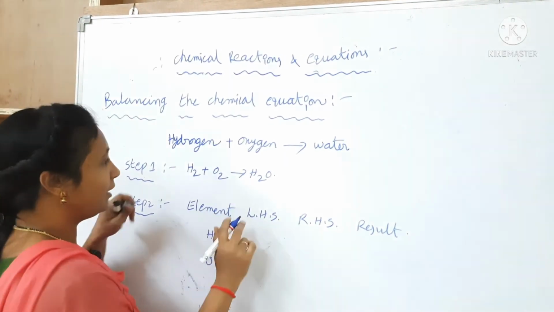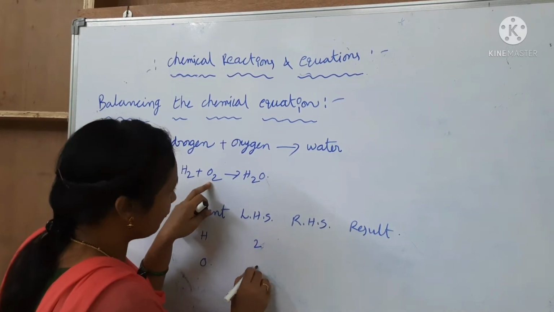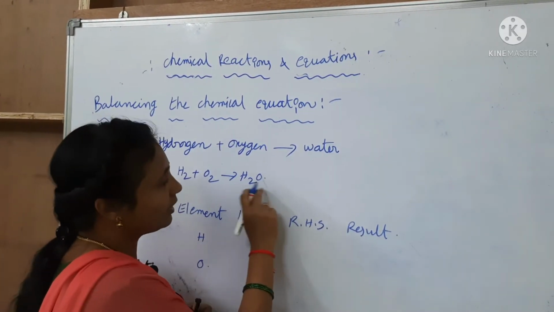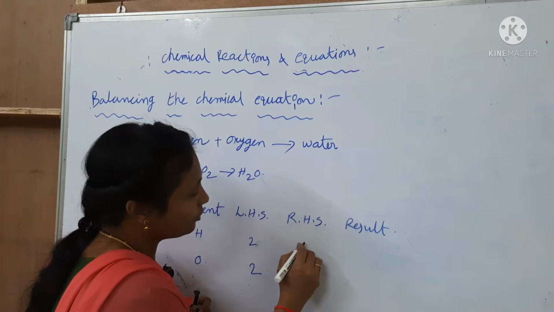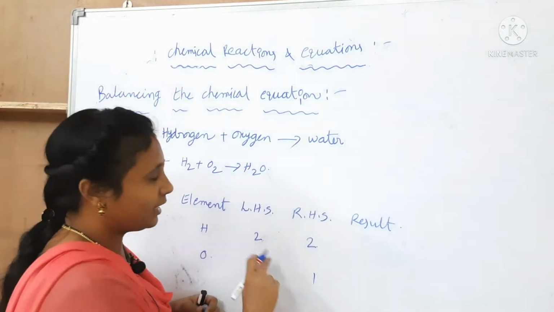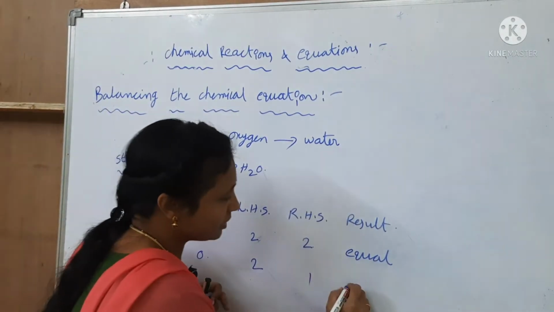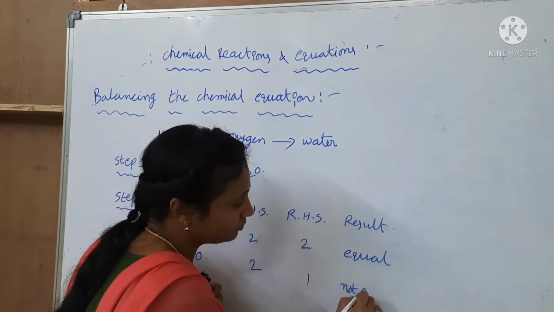Here the elements are hydrogen and oxygen, only two elements. On the LHS, how many atoms are there for hydrogen? 2 atoms. For oxygen, 2 atoms. On the right side, hydrogen is 2 atoms and oxygen is only 1 atom. The result: hydrogen is equal, oxygen is not equal.